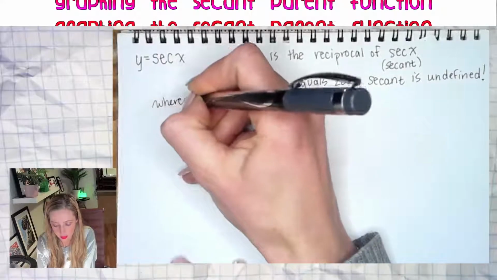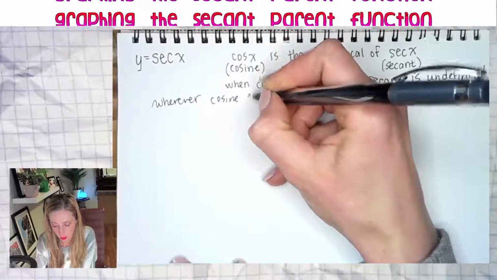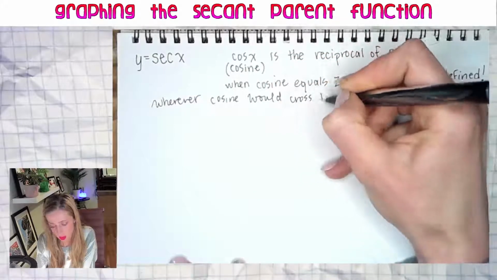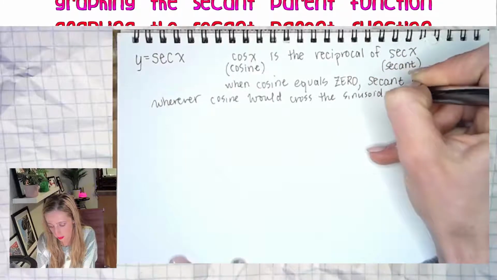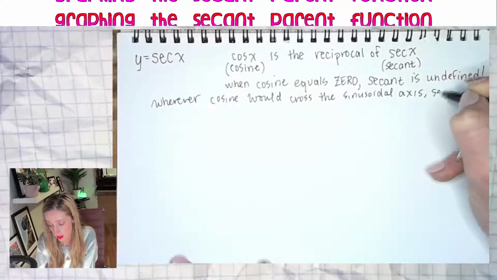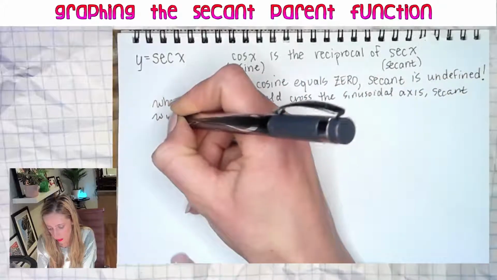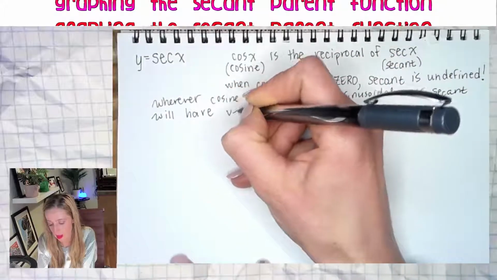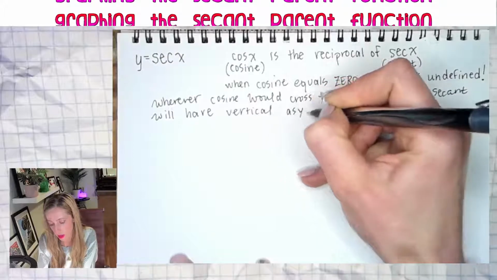Wherever cosine would cross the sinusoidal axis, secant will have, spell everything correctly please, vertical asymptotes.